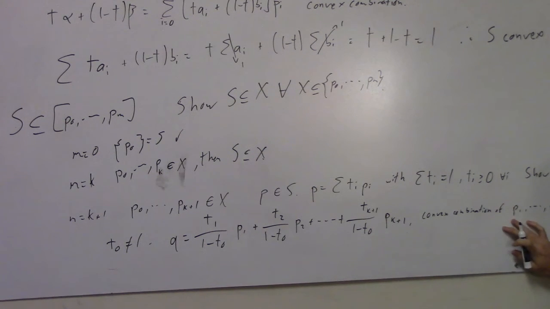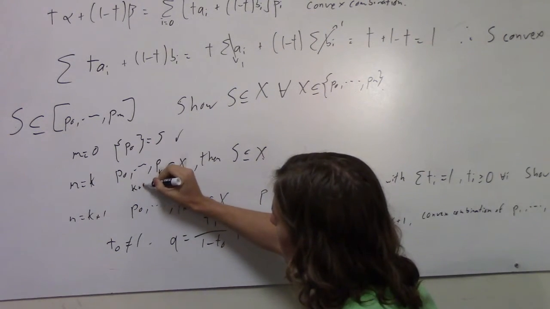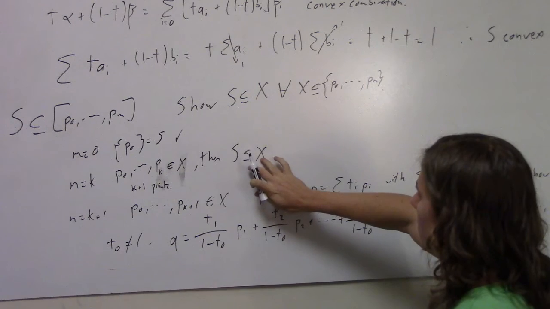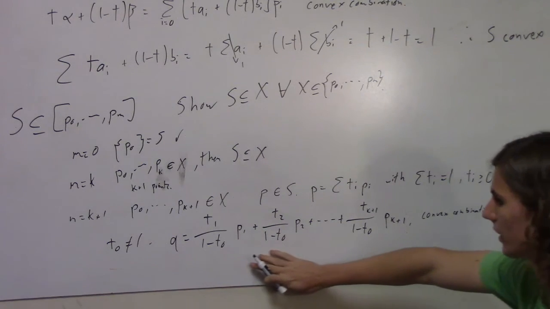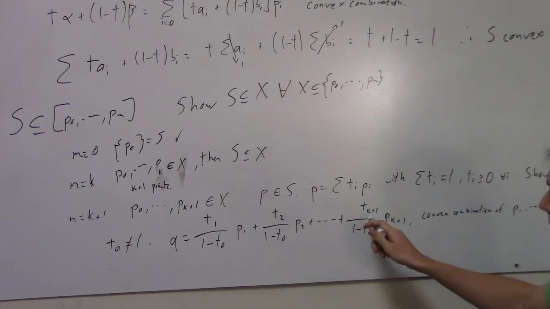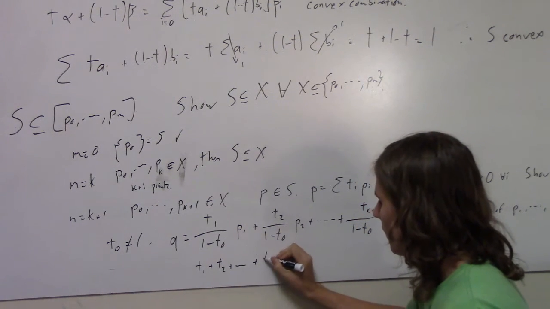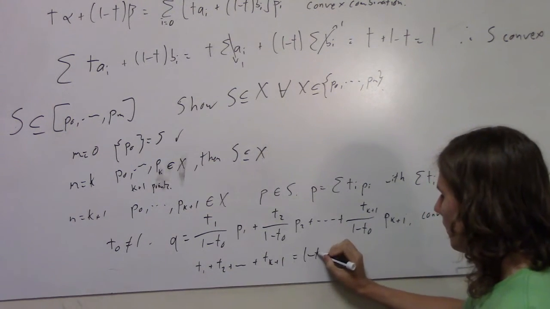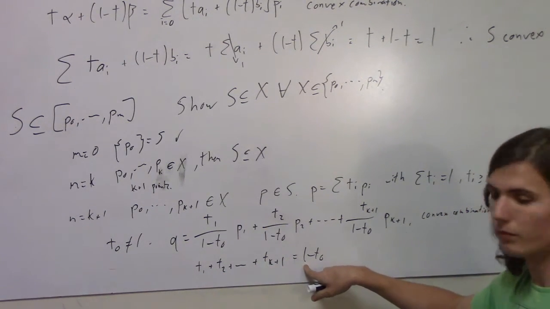Right, so your induction hypothesis is that if you have K plus 1 points, then any convex combination of them is going to be in X. Here we actually have K plus 1 points, and we have a convex combination, because if you take the sum t1 plus t2 all the way to t k plus 1, that's equal to 1 minus t naught, since we assumed that t naught plus t1 plus all the rest equals 1.